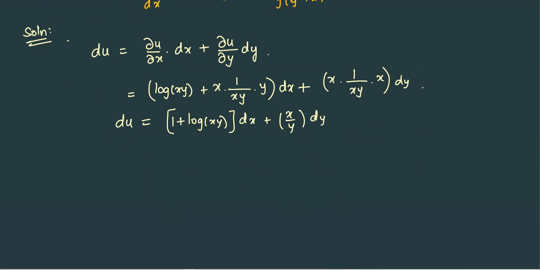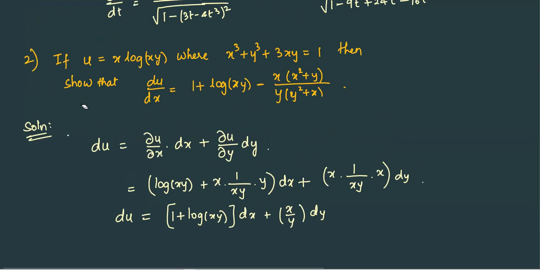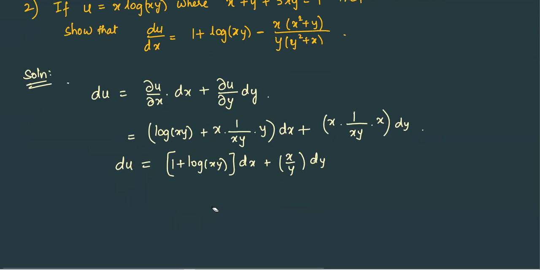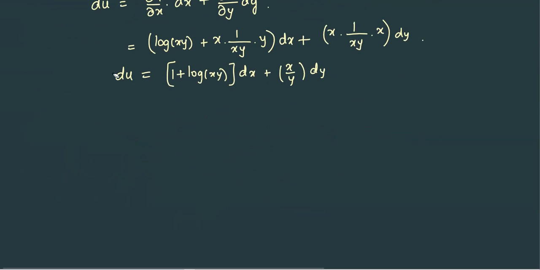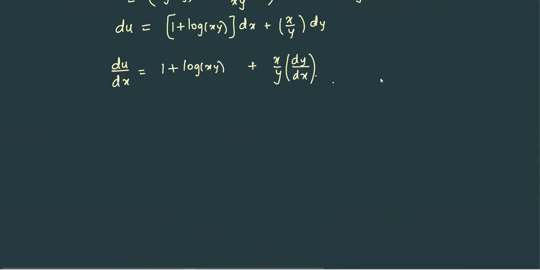Okay, so this is du. Now we want to find out du by dx. So du by dx will be 1 plus log xy into dx by dx plus x by y dy by dx. Now dy by dx I have to find for this expression.